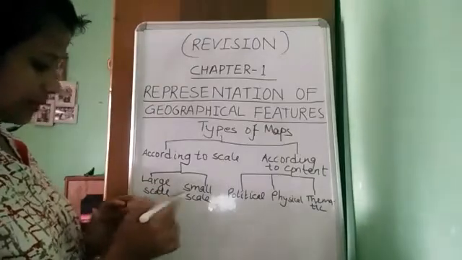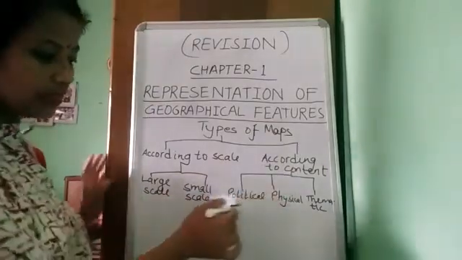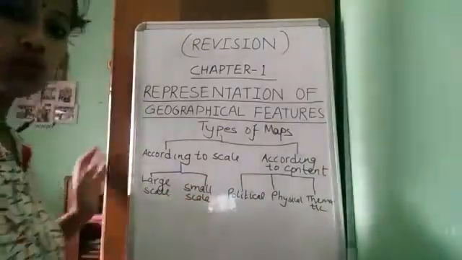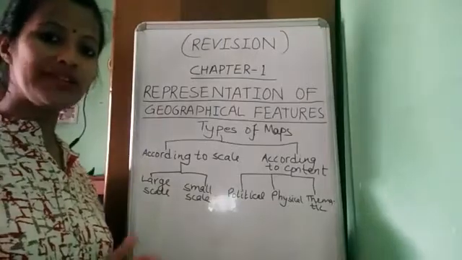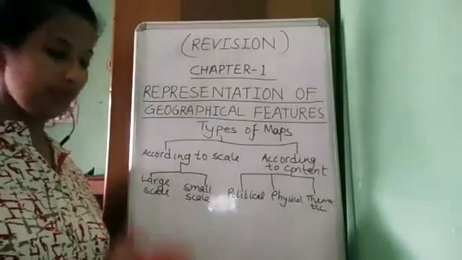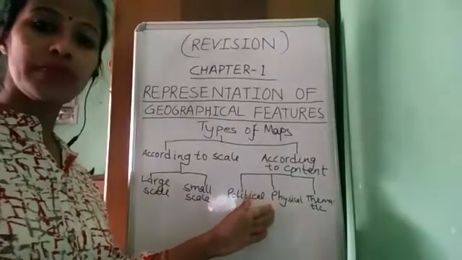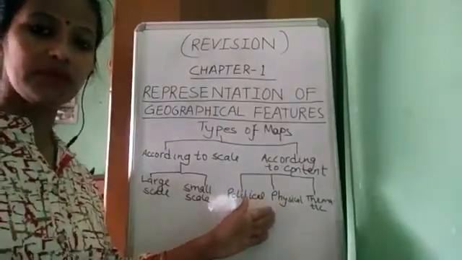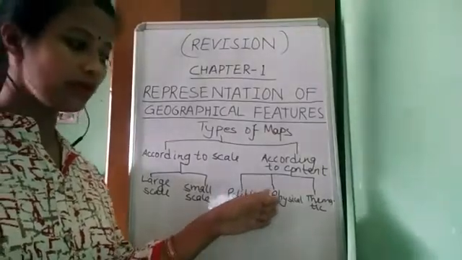According to content, political, physical. Political maps are those that show boundaries of a country or state or world. Physical maps are those that show physical features, rivers and all.